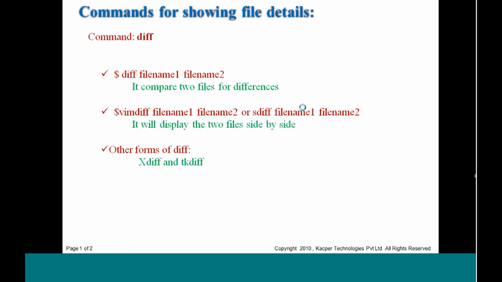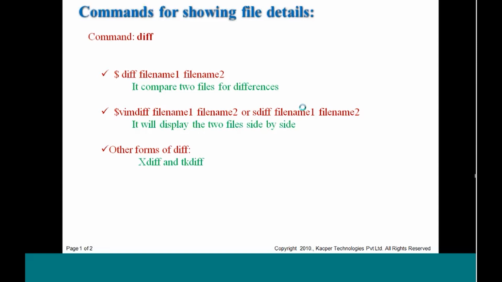There's a simple diff, which compares the two files and displays a running list of the differences. It tags one file by less than and the other file by greater than to distinguish between those two, and then it reports all the lines which are different.